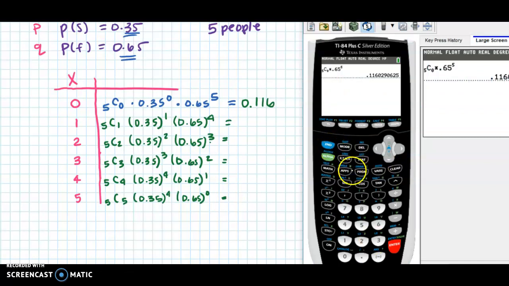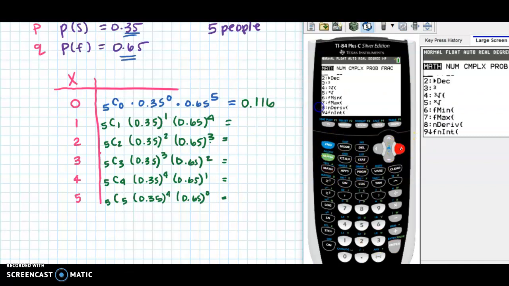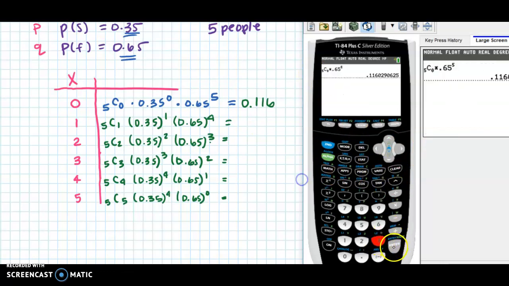So again, you're hitting your math menu, you're going over to probability. Option 3 is nCr. I'm doing 5 choose 1. Make sure you arrow out at the bottom. Times 0.35 to the 1st.